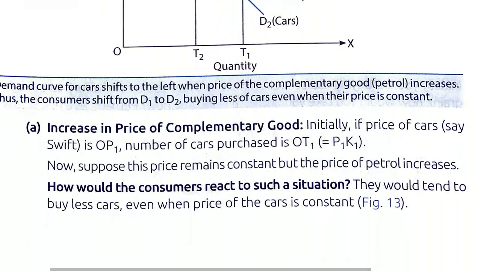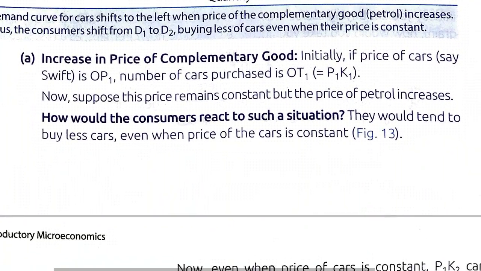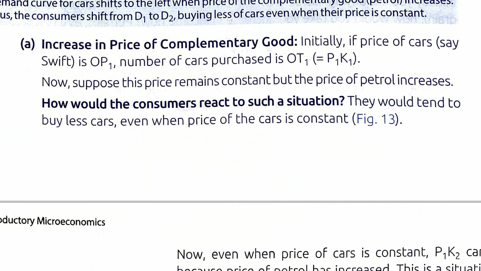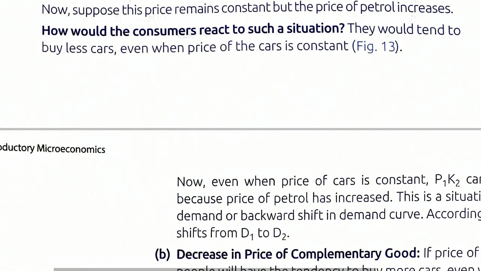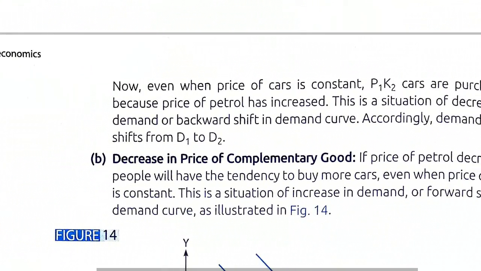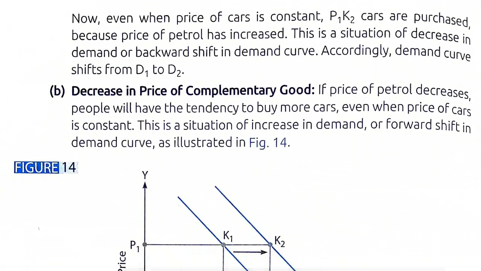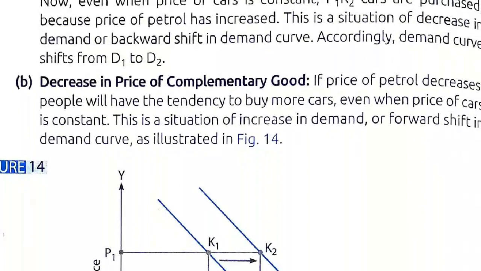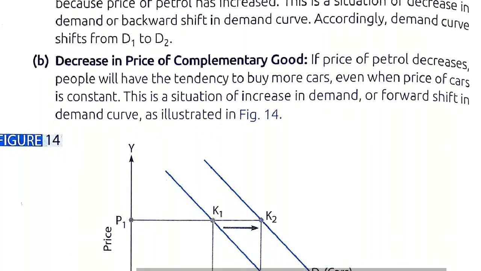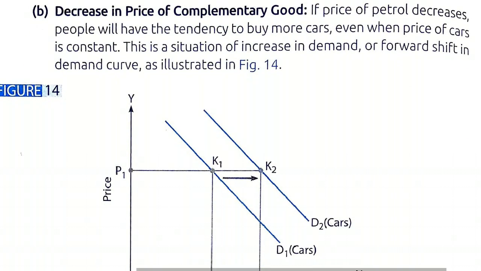And an increase in the price of complementary goods, so an increase in the price of petrol may lead to a decrease in demand for cars, and similarly a decrease in the price of a complementary good like petrol. It happened in our market in India also, that when there was a fall in the price of diesel compared to petrol, the demand for diesel cars increased.